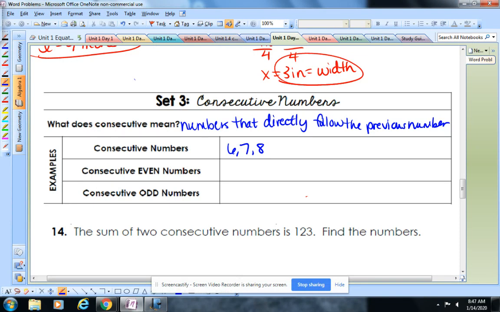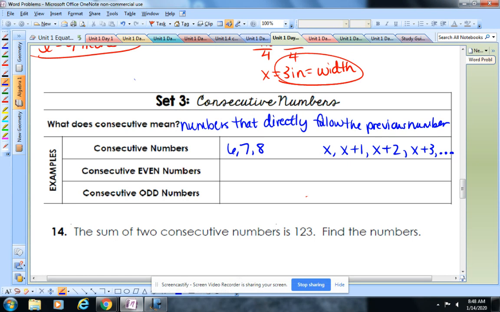Now, how are you getting from one number to the next if you have consecutive numbers? You're adding 1, right? So if we call the first number x, the next number is x plus 1, right? And if the first number is x, the third number is x plus 2, right? And then the fourth number would be x plus 3, and they would go on like that, right? Does that make sense? Because you're adding 1 every time.